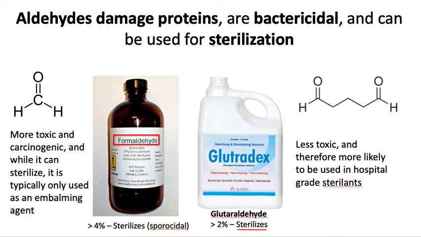That's the key information about those. Glutaraldehyde is less toxic, and if you look at these labels right here, it says bactericidal, sporicidal, virucidal, fungicidal, and tuberculocidal. That means it kills the germ that causes tuberculosis, which is an acid-fast bacterium.